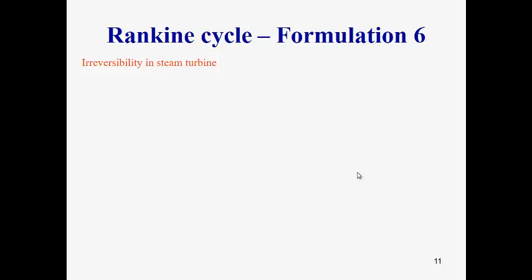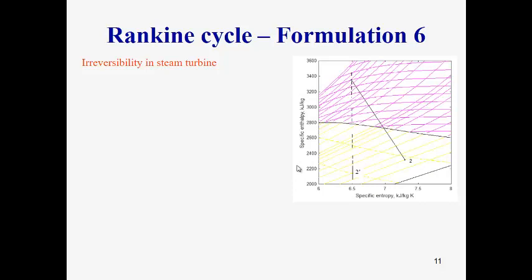Now, the irreversibility in the steam turbine, that is the internal irreversibility, due to dissipative effects of expansion because of friction in the turbine, is determined from the enthalpy values. In this graph, the HS diagram or Mollier chart, 1 2 dash is isentropic expansion, and 1 2 is actual expansion.